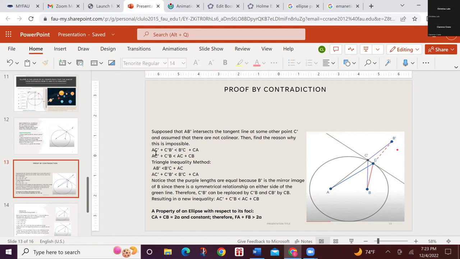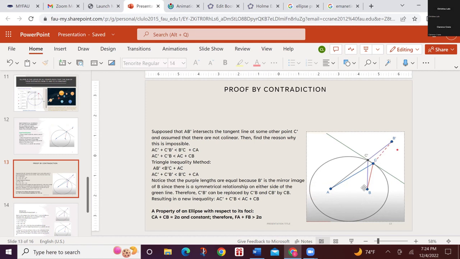If AC prime plus C prime B prime is less than B prime C plus CA, and if AC prime plus C prime B prime is less than AC plus CB.